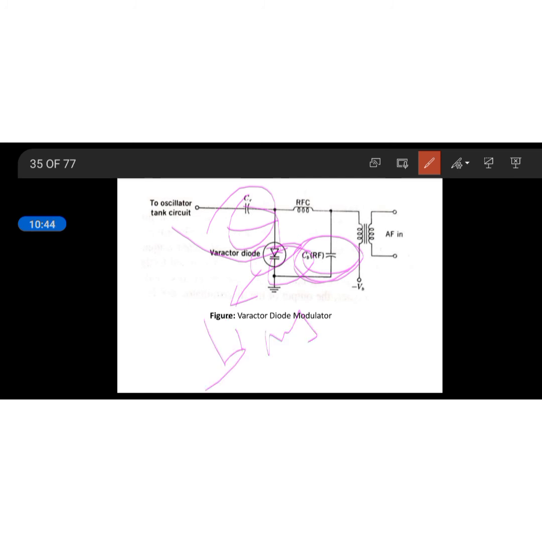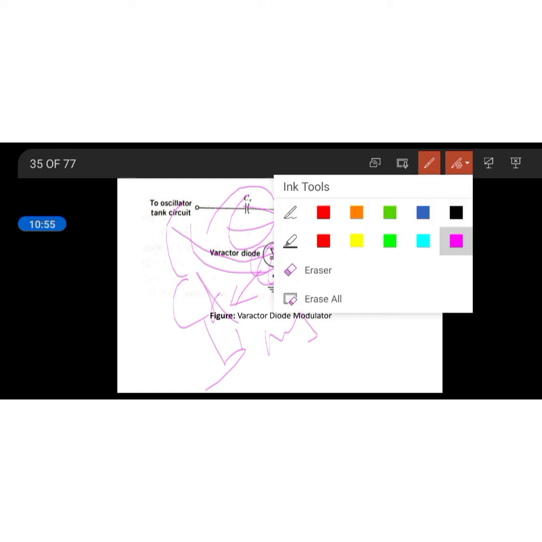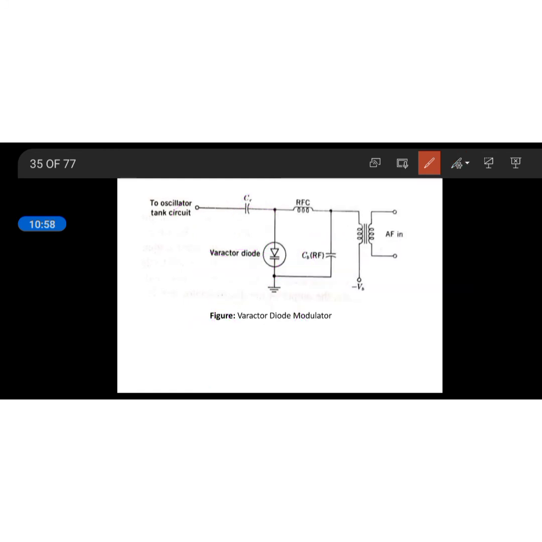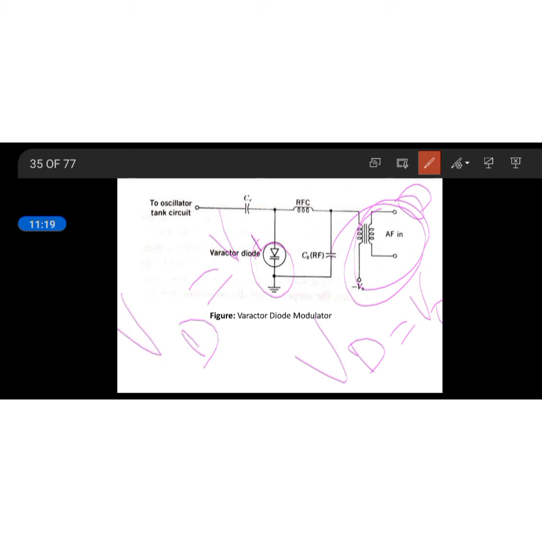The modulating signal is fed in series with the regulated power supply, and at any instant the effective bias of the varactor diode is equal to the sum of V0 plus Vm of t. That is, VD is equal to V0 plus Vm of t.